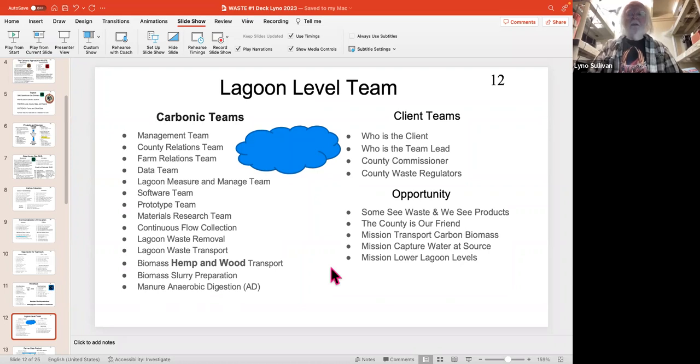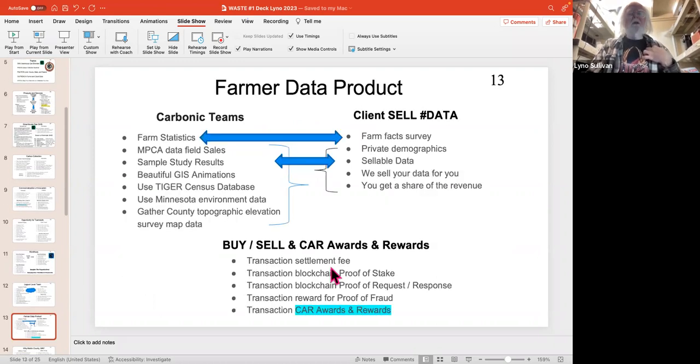So with that, then the lagoon is one of the products we support. Let's see, I want to make sure I don't miss anything. Okay, so here's the farmer data product. One of the things we get from the farmer is statistics.